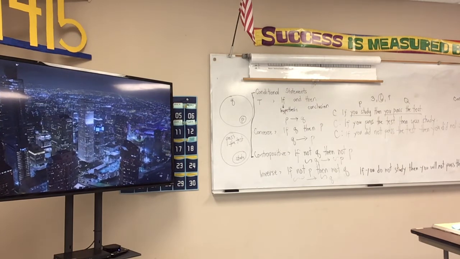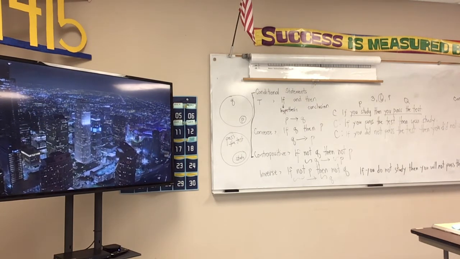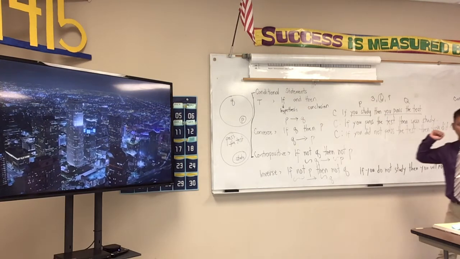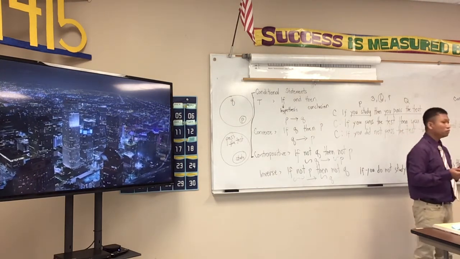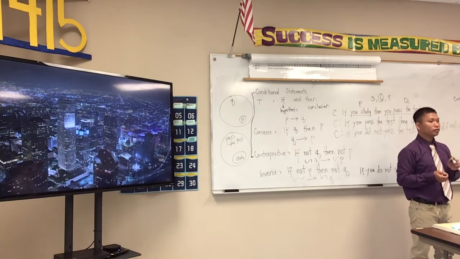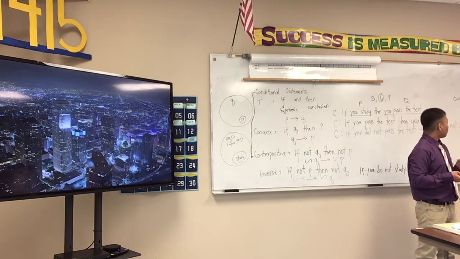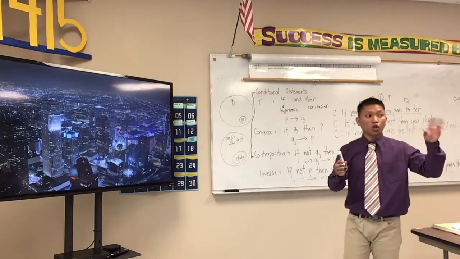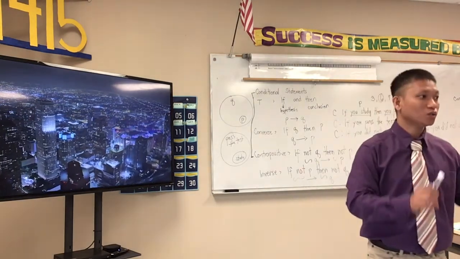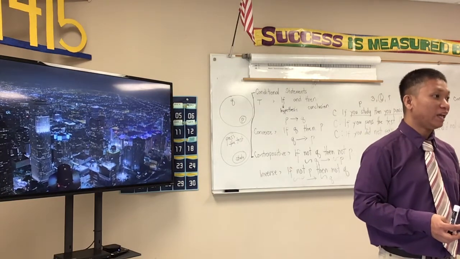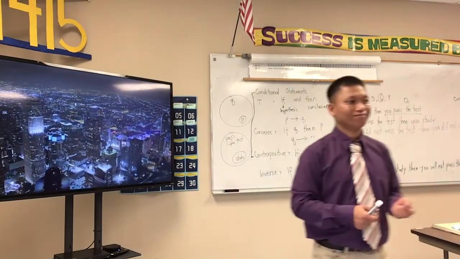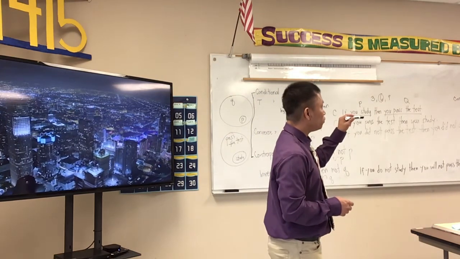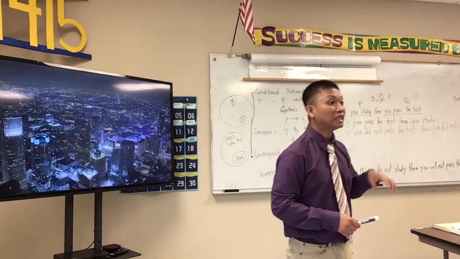How are you going to construct the converse of the statement? If it is divisible by 2, then that number is even. Very good. We just interchange the conclusion and the hypothesis using the words if and then. So the answer is, if it is divisible by 2, then it is an even number.